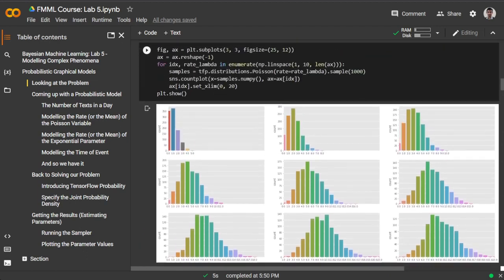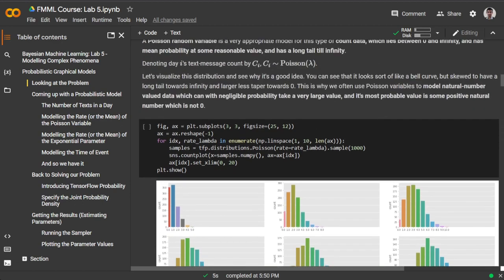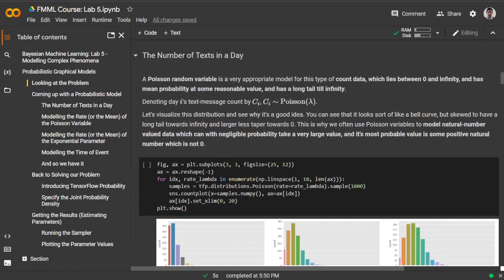Next, the Poisson distribution, we know, takes some parameter lambda, and we believe that this parameter lambda is going to be affected by whether or not there is an exam or there are other events going on in your life. The value of lambda would change such that the number of messages become more when the exam is going on, and the number of messages become less otherwise.